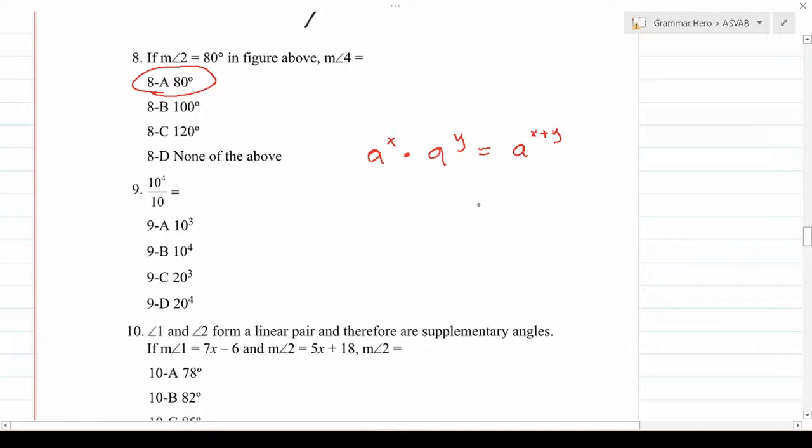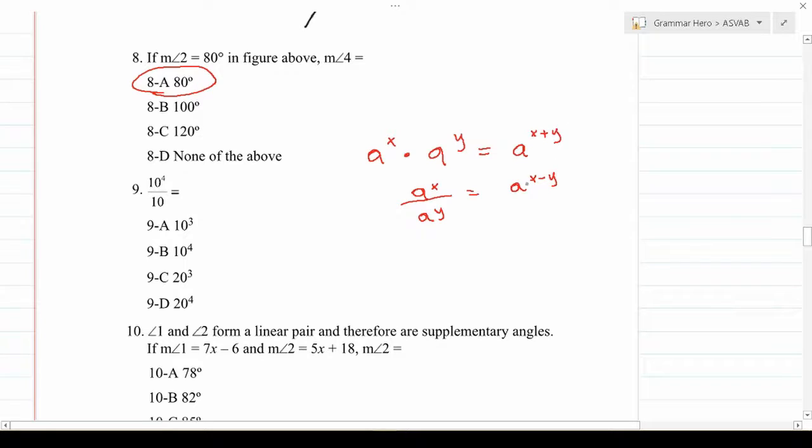Similarly, if you had a to the x power divided by a to the y power, the result would be a to the x minus y. In other words, multiplication of exponents, as long as the bases are the same, causes you to add the exponents. Division of exponents, when the bases are the same, prompts you to subtract the exponents.